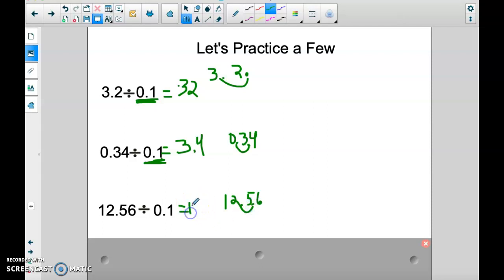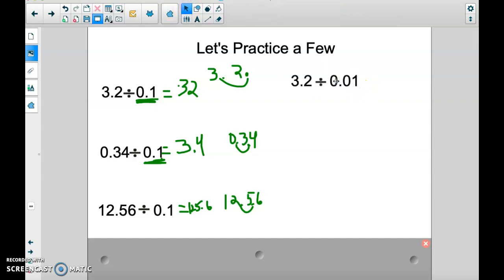Your answer should be 125 and 6/10. Okay. So now let's try this one. What if I have 3.2 divided by 0.01? Solve it and come back.